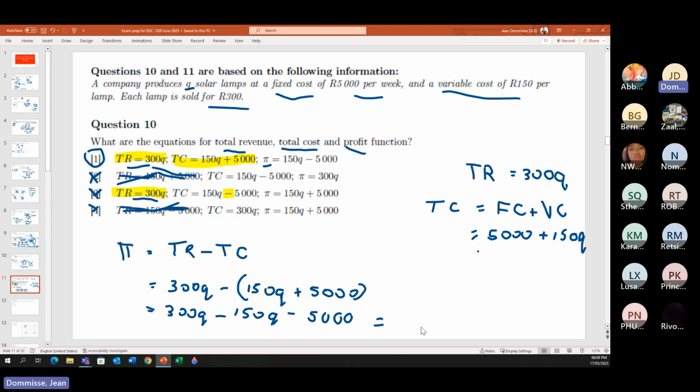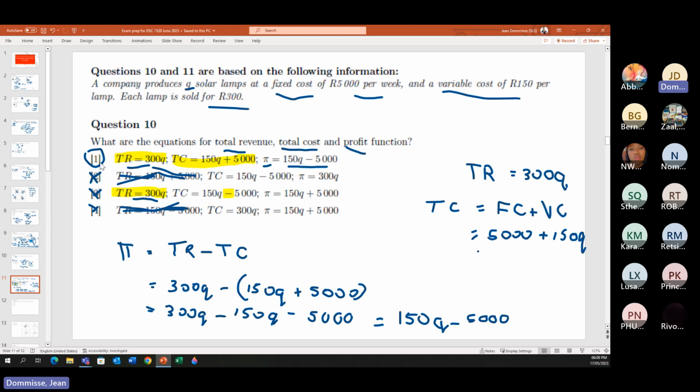That then is 150Q minus 5,000. If you still needed to work that out, there it is. So we're still happy with option 1.